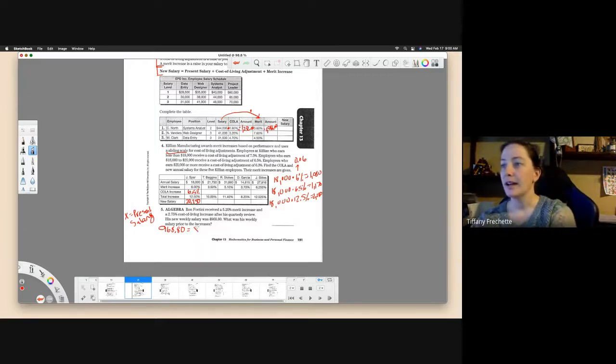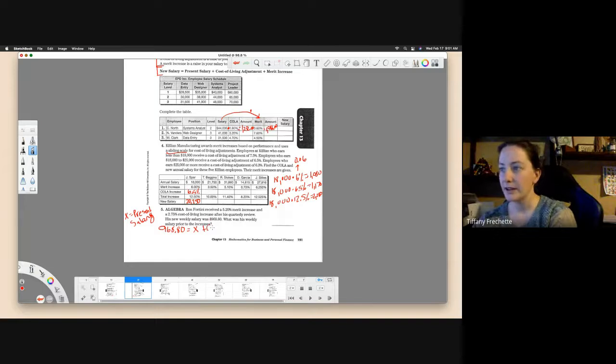So we have X plus, and now we have two percentages here, right? He received 5.2% for merit and 2.75% for cost of living. So remember, you can either add these two percentages together and then multiply by his salary, or you can do it separately. It's not going to change the calculation, just depends on how you like to see it.